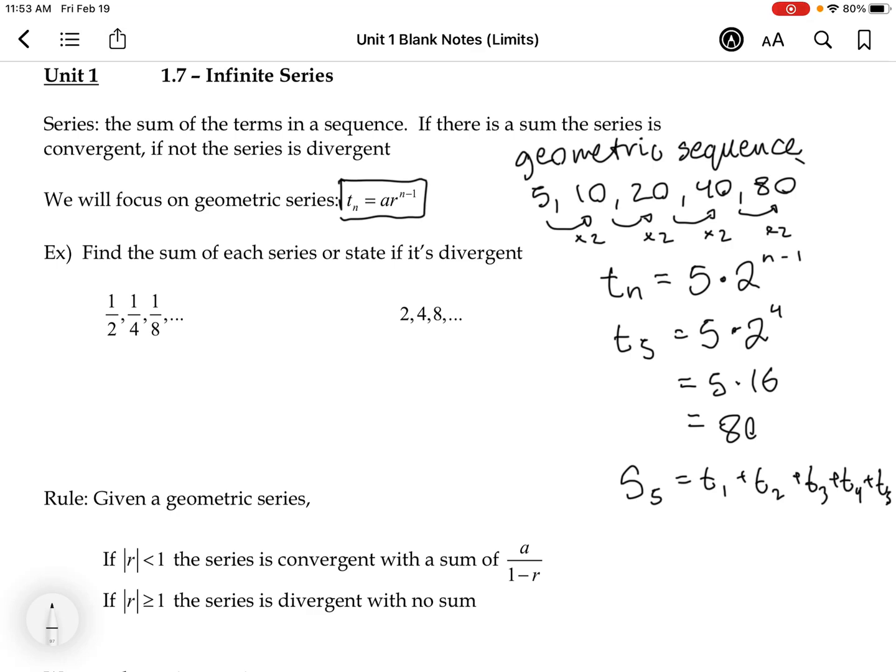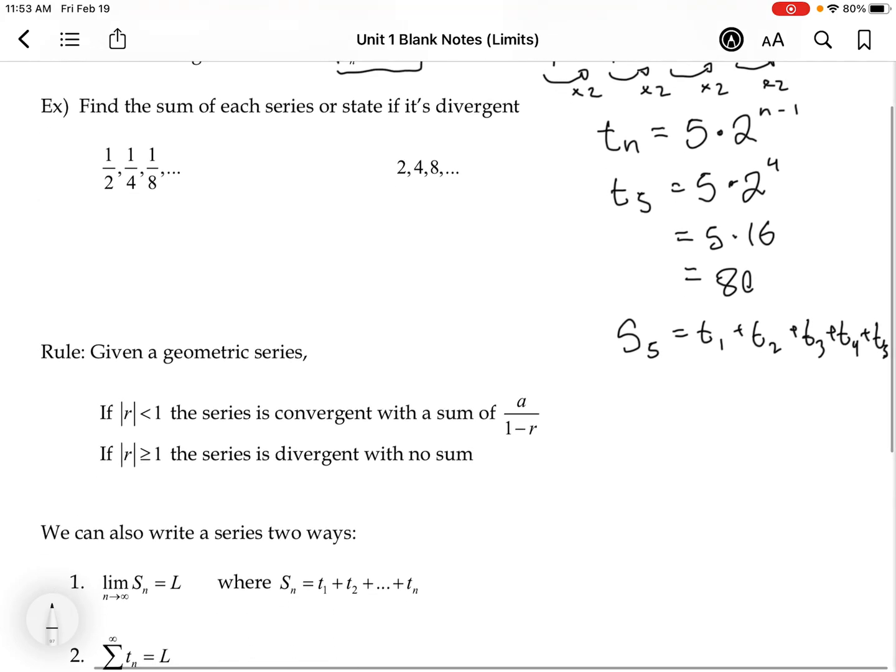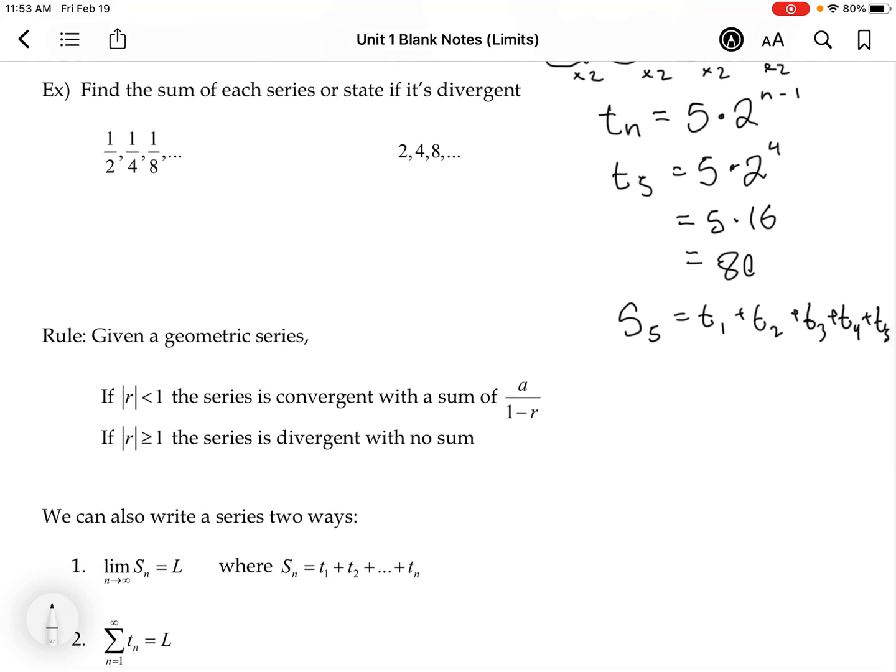If we look at these two examples, here's a geometric sequence where my first term is a half. Sorry, that's my first term, A. It's also T1, but A is a half.